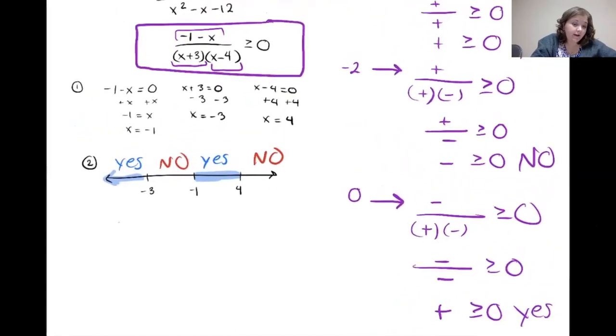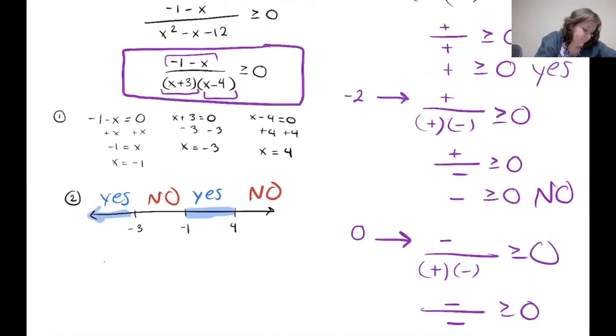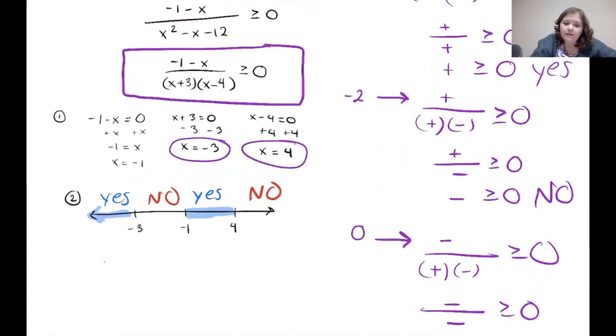So now let's check whether we get brackets or parentheses on each one. The numbers we got from the bottom of this fraction, the x plus 3 and x minus 4, those numbers are -3 and 4. So since the -3 and 4 came from the bottom of the fraction, we automatically know that those are going to get parentheses because we can't divide by 0.